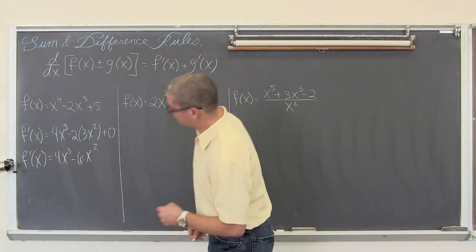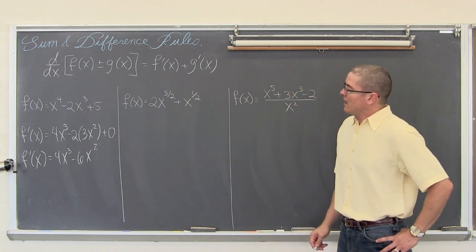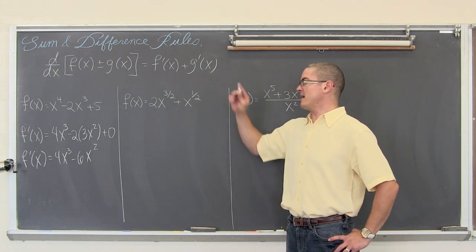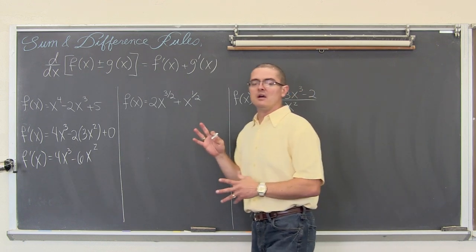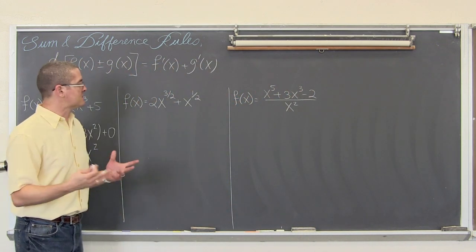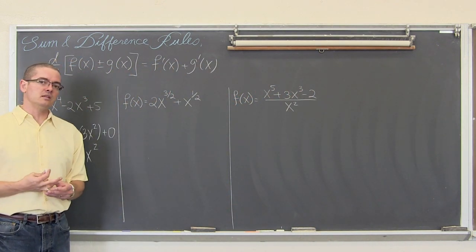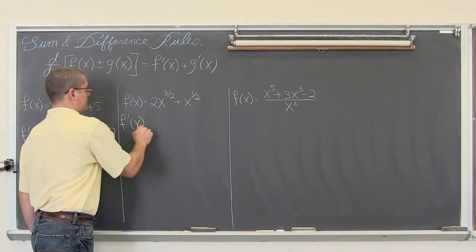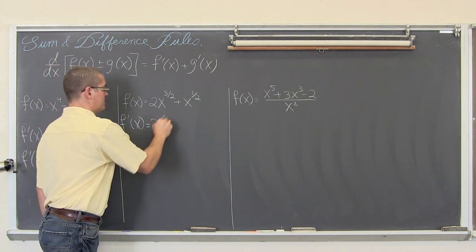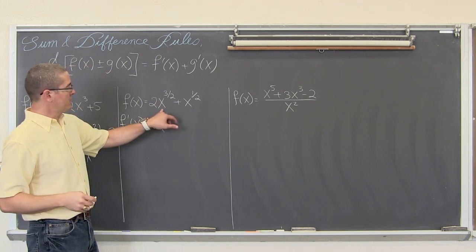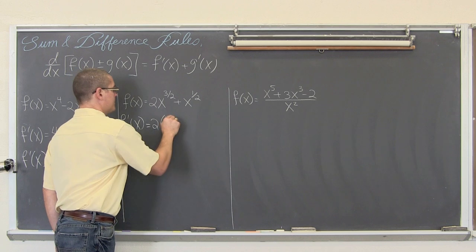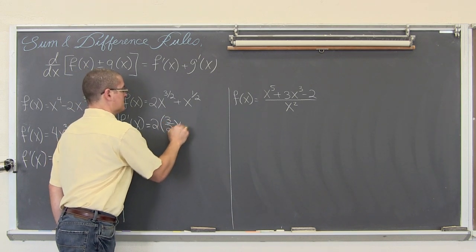And good. So now we have f of x is equal to 2x to the 3/2 power plus x to the 1/2. So the same question, only with rational exponents to make this question a little bit more difficult. So f prime of x is equal to 2 times the derivative of x to the 3/2, which is going to be 3/2 x.